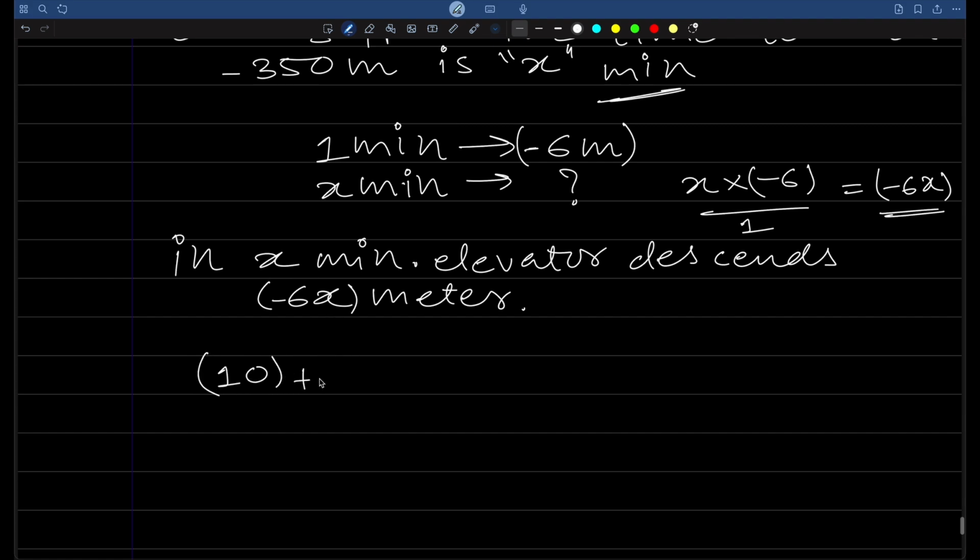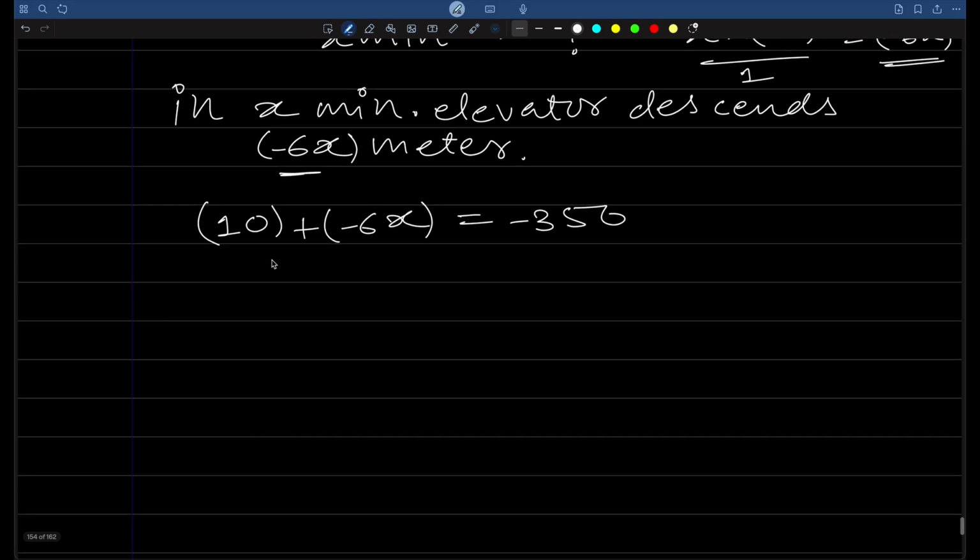In x minute it descends 6x meter, that is minus 6x meter, and finally it is at minus 350 meter. This is 10 meter, this is 6x meter, and this is 350 meter.